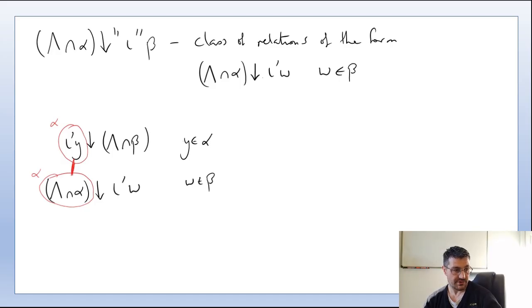On the other hand, we've got w is a member of beta, so iota primed w, the unit class of w, must be the same type as beta. And the logical product of lambda and beta forces this to be the null class corresponding to beta. So we've got agreement there.